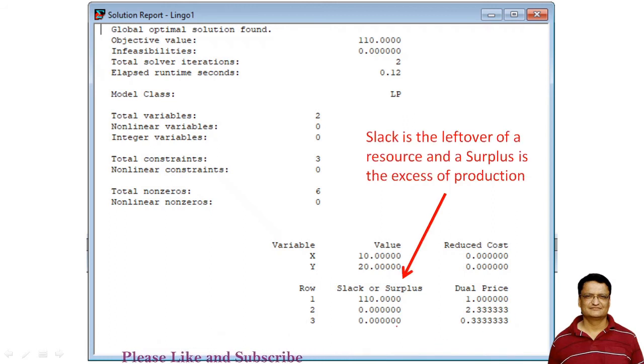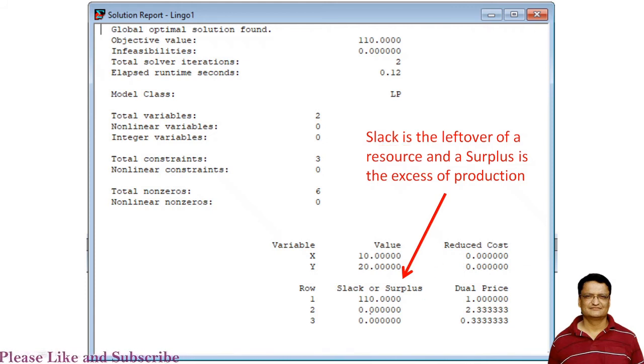Now what is the slack or surplus variable? Slack is the leftover of a resource, or surplus is the excess of production. In our case, the slack variable is the leftover of a resource.